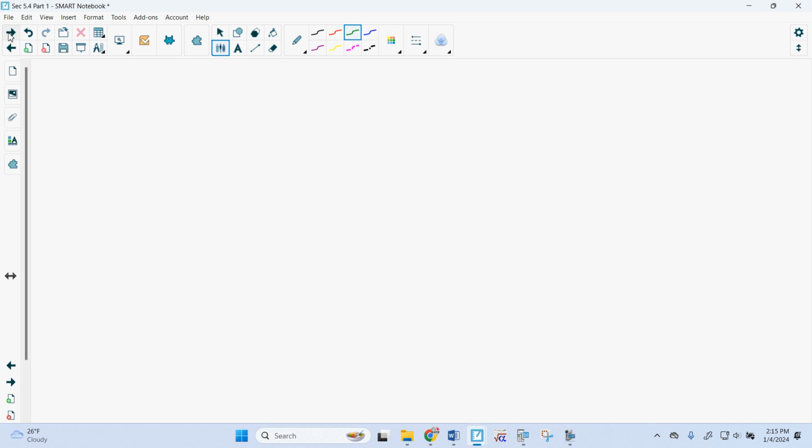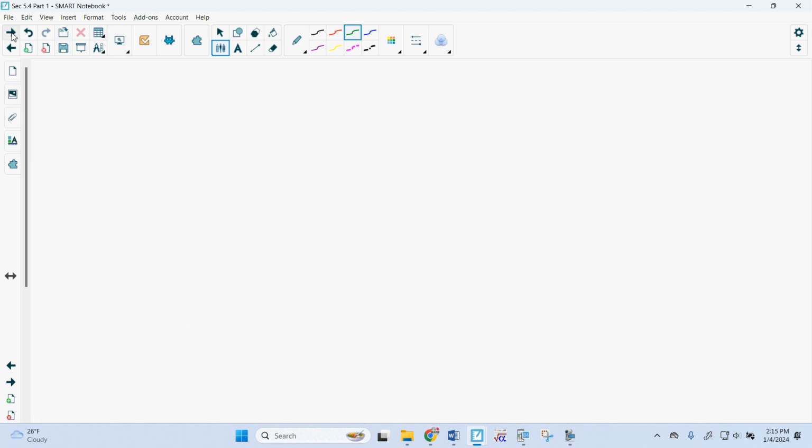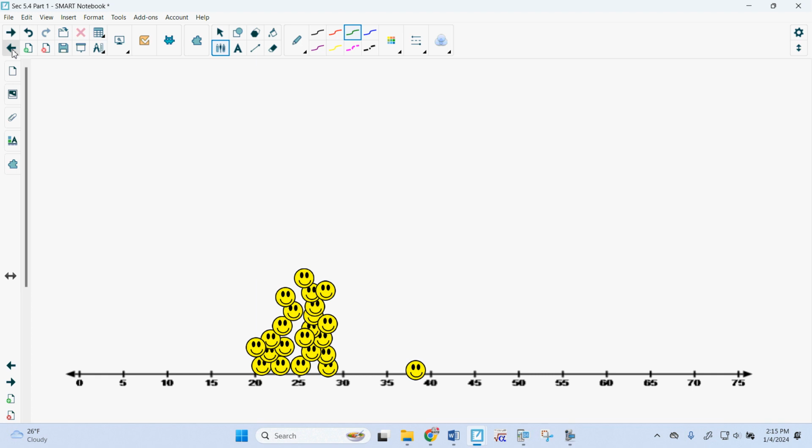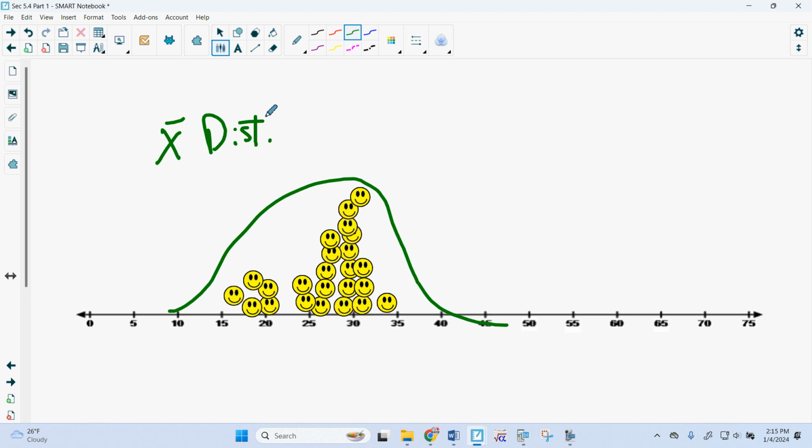Okay, now if we did that and we had everybody come up and plot their point on a graph, we would get these graphs, and these are previous classes. So this graph here is not all the fish. This is an X bar distribution. This is a sampling distribution. Each dot represents the mean of 10 fish.